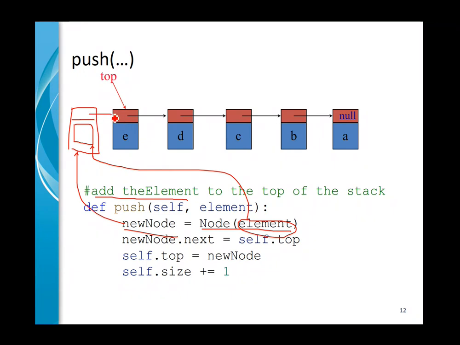And then top is pointing at the new node, not the current first one. So it completes the chain, and it also updates the size value. That completes the overall operation of push.